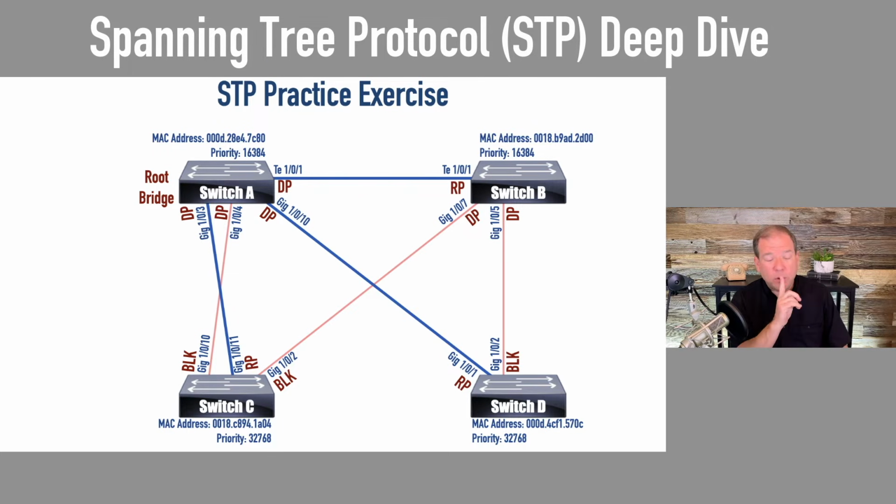I wanted to show you, I kind of highlighted it in blue for you. This is the resulting spanning tree that we have. We've got everybody pointing directly back to switch A, as it turned out. But the beautiful thing is, I sort of ghosted out the red links there. If one of those blue links were to fail, we've got a backup path.